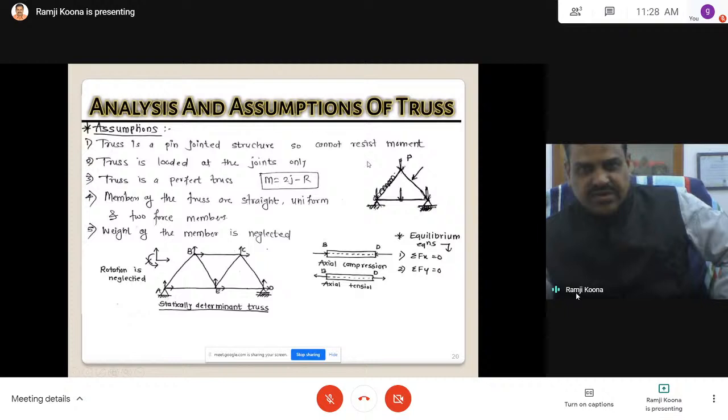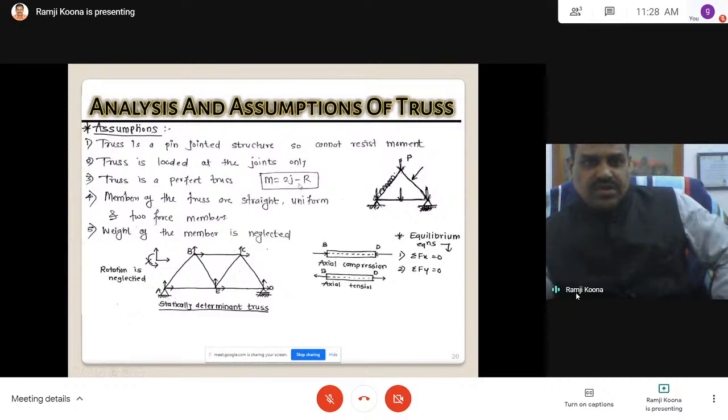This is also perfect. Joints 1, 2, 3. 2 into 3 is 6. The reactions are assumed as a roller and a hinge, because the hinge should be fixed at one place. If this is also a roller, the entire system is moving.